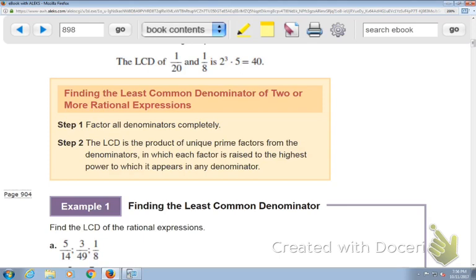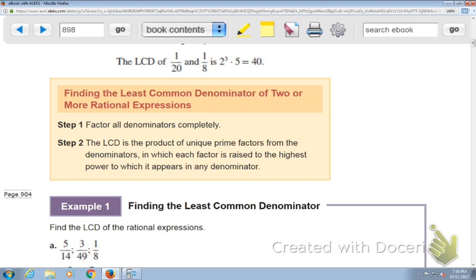So finding an LCD. Step 1. Factor. It's factoring. Right? Nobody should be shocked. I warned you that this would happen. This day would come. That factoring just rains down like heavenly fire.